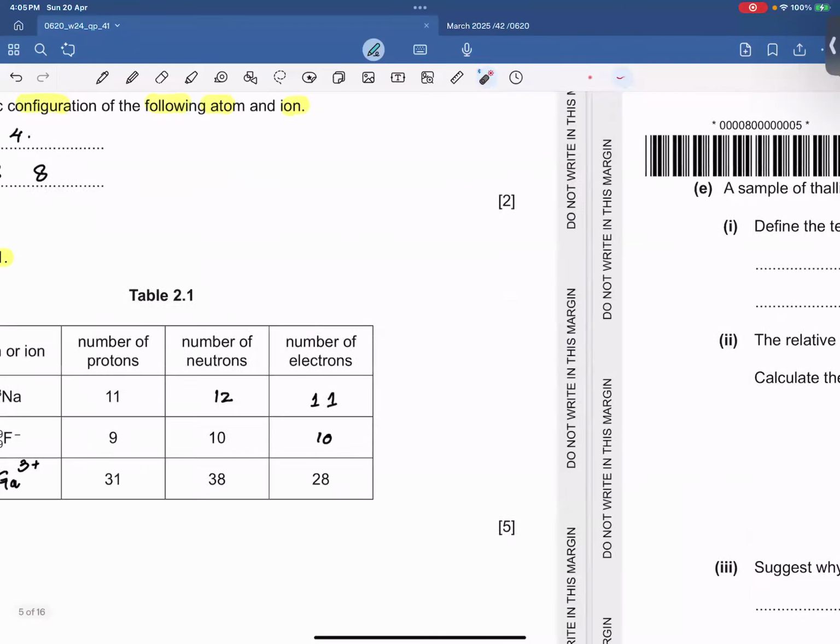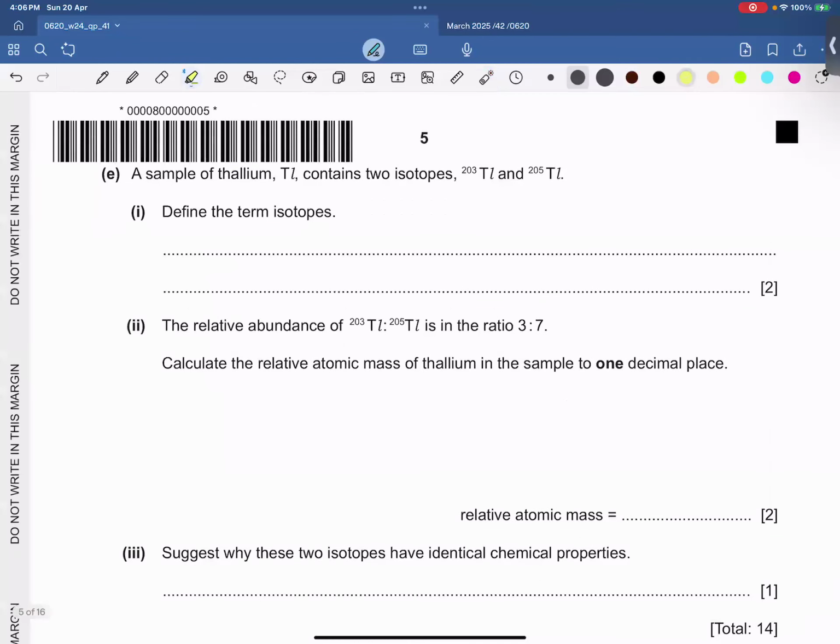Next part of the question. A sample of thallium contains 2 isotopes, 203 and 205. Define the term isotopes.